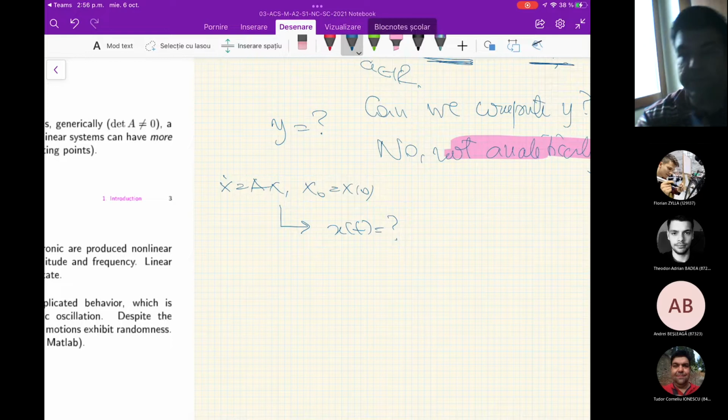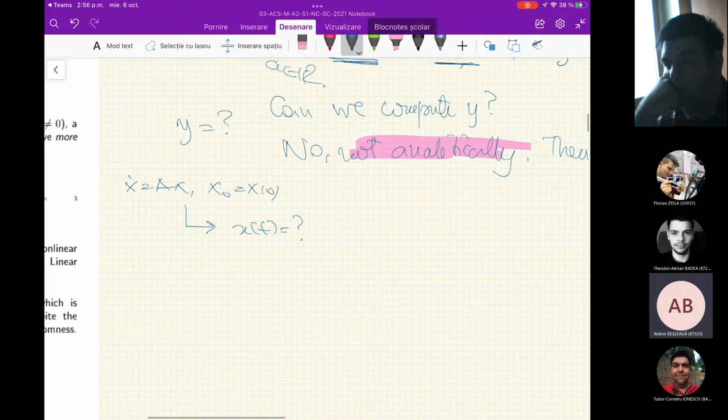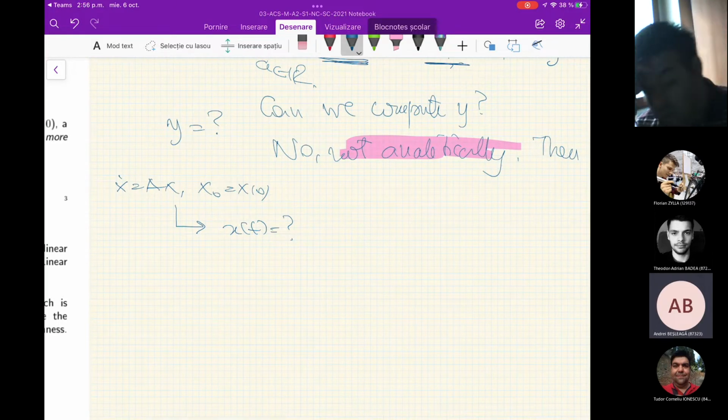We separate dx and dt. Exactly, you separate the variables and then integrate.